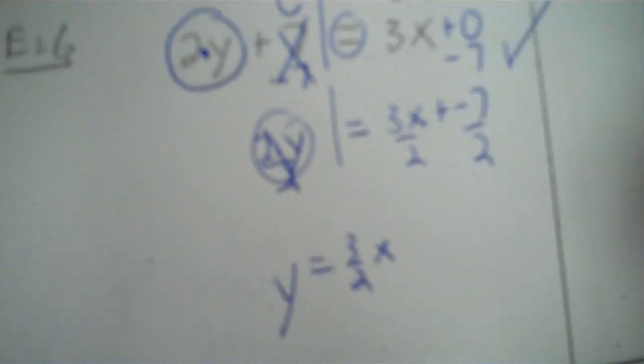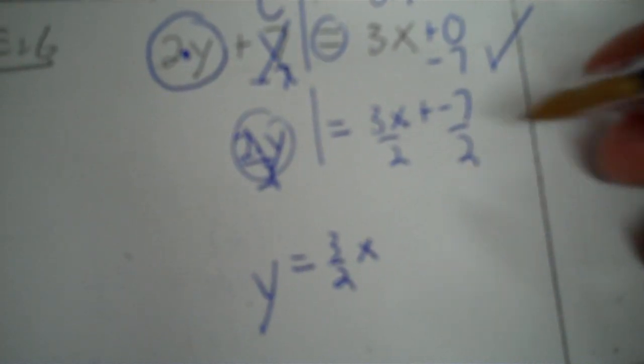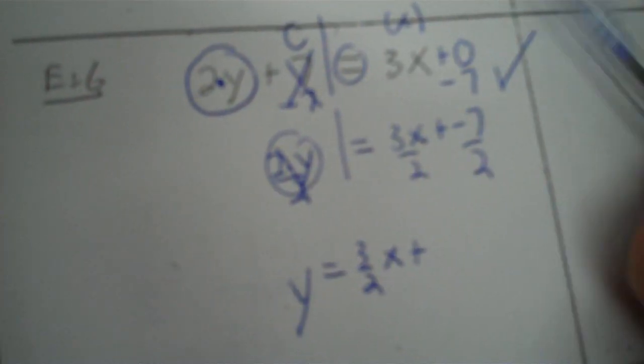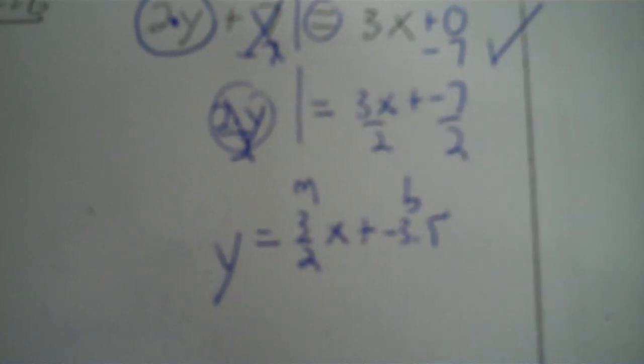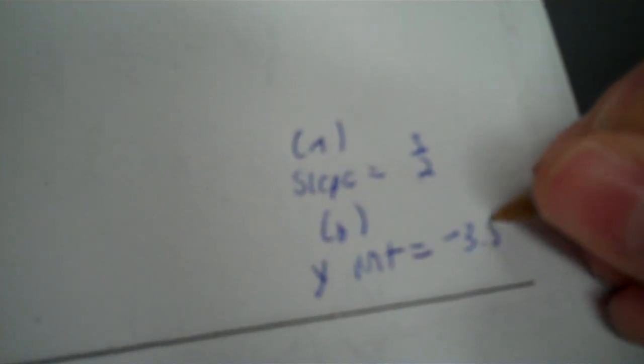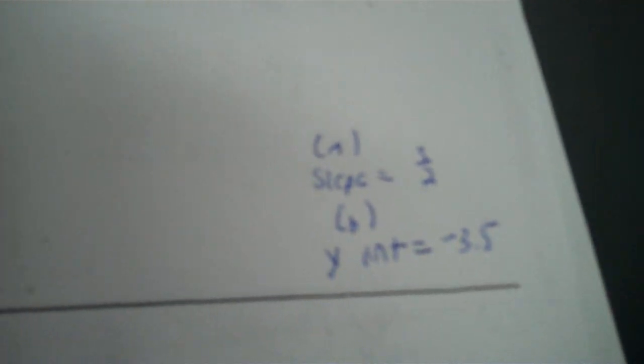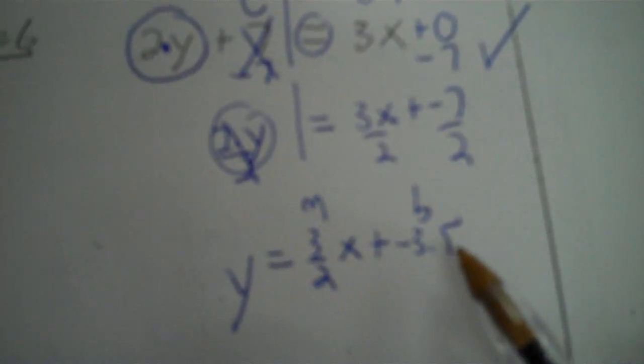Just keep it. Now, I don't care if I get a decimal here, okay? It's in front of the x, I don't want the decimal because that's your m. You don't want your slope to be a decimal. Now, the b can be a decimal. That's fine. So slope 3 over 2, and the y-intercept is negative 3.5. Again, I'm fine with the b being a decimal, not the m.